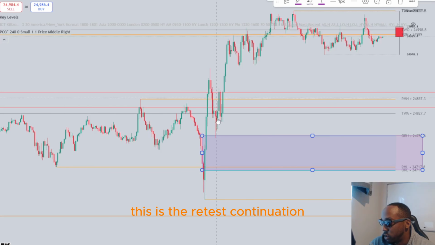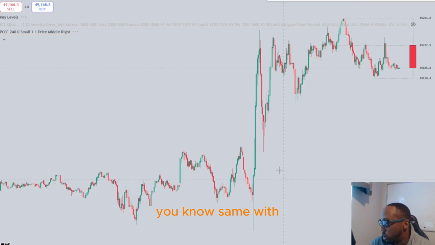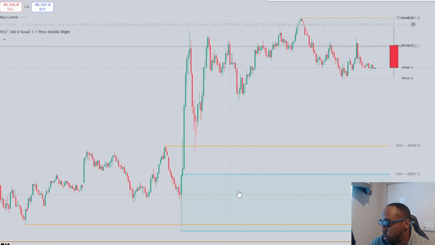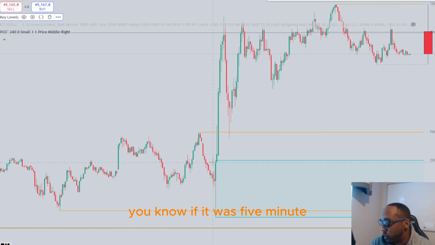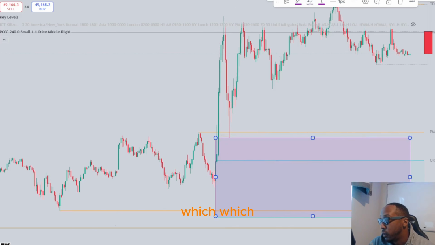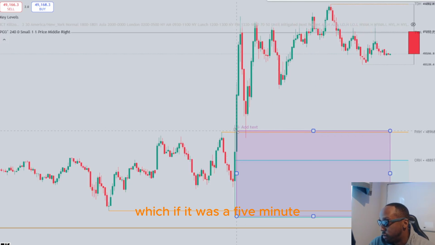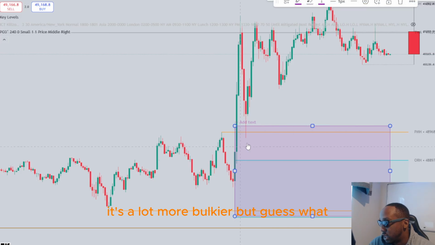So this is the break. This is the retest. Continuation. Same with this. If it was a real 5-minute, the box would have been way up here. You guys gotta understand me when I say this. If it was a 5-minute, it's a lot more bulkier, but guess what?